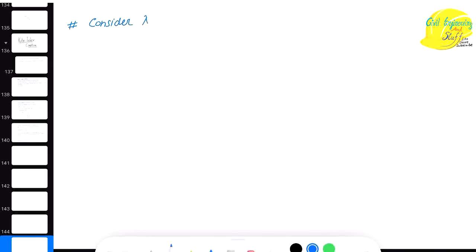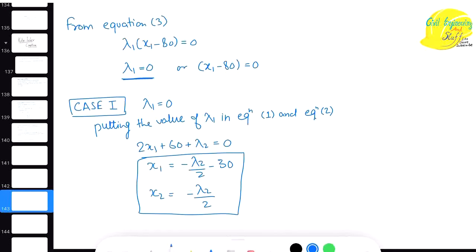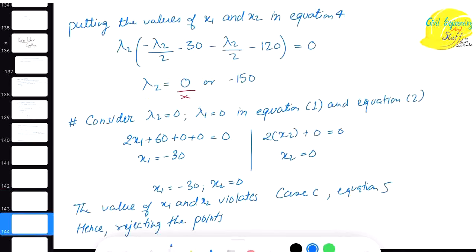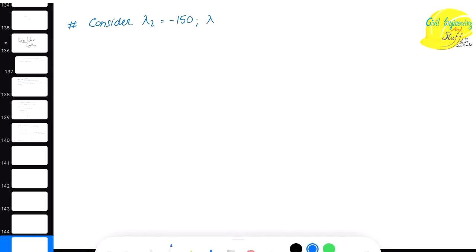Consider lambda 2 to be minus 150, and of course we are in case 1. Remember, we are in case 1, so automatically lambda 1 is equal to 0. So lambda 1 is equal to 0.